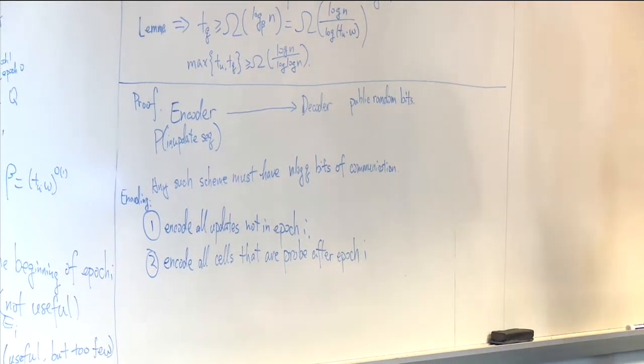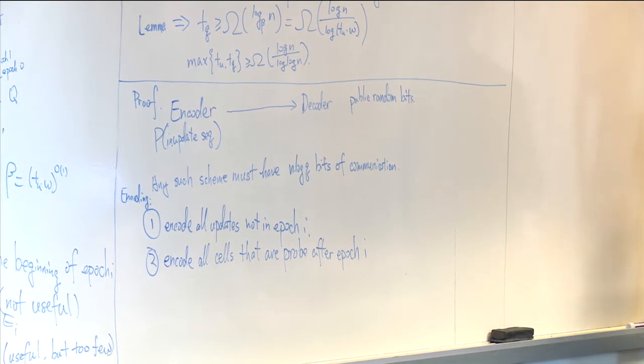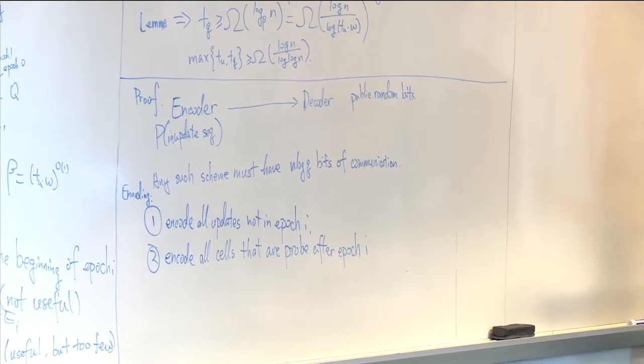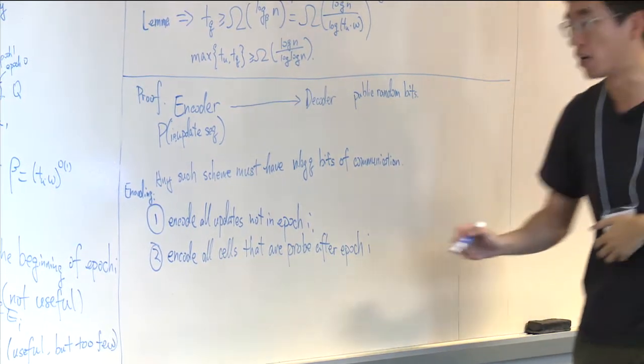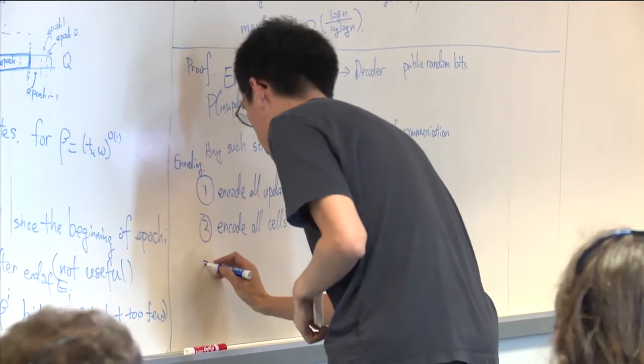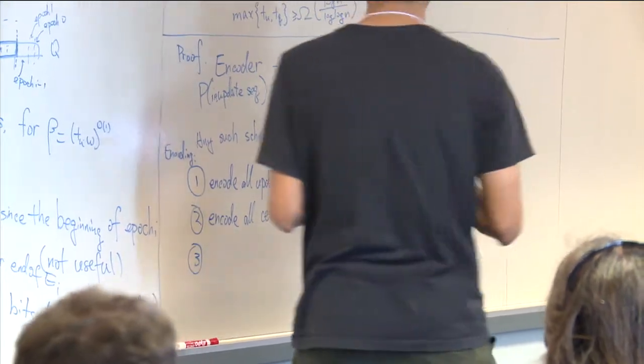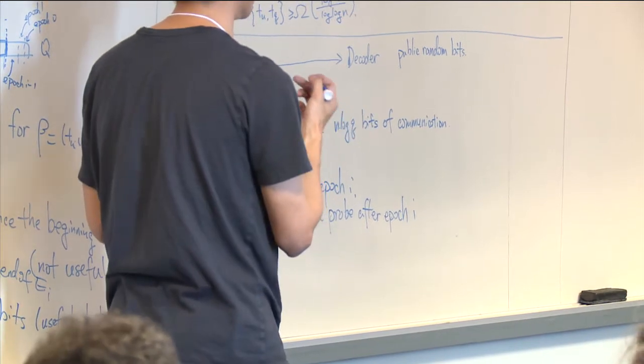Now if we have a data structure that probes no cell in CI most of the time, then we can do the following to describe a set of queries that can actually be answered without probing these cells in CI.